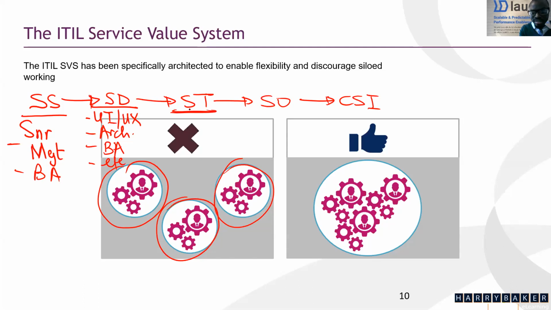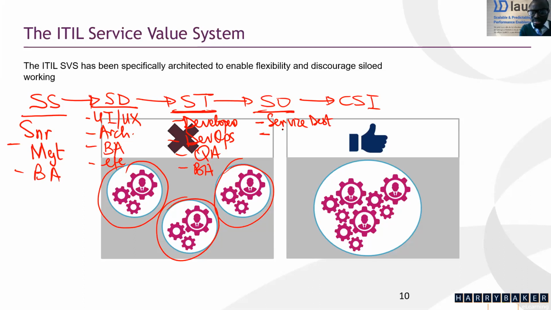And when it comes to service transition, we've got developers working. We've got DevOps guys. We've got the QAs, those are the testers, working as well. And when it comes to service operation, and don't forget, we've got BA as well, because BA runs across. When it comes to service operation, we have the service desk.